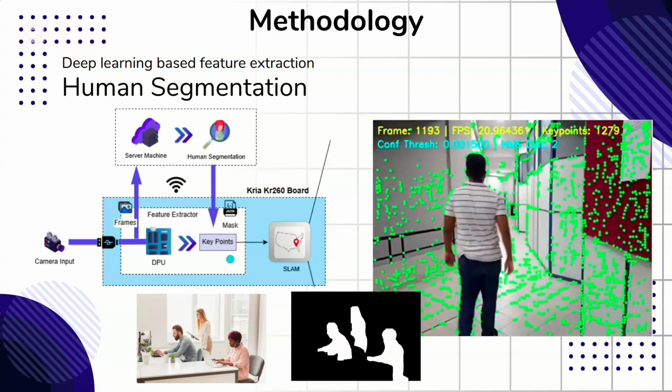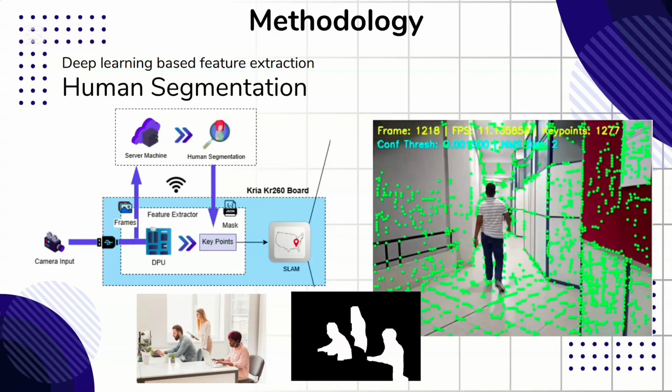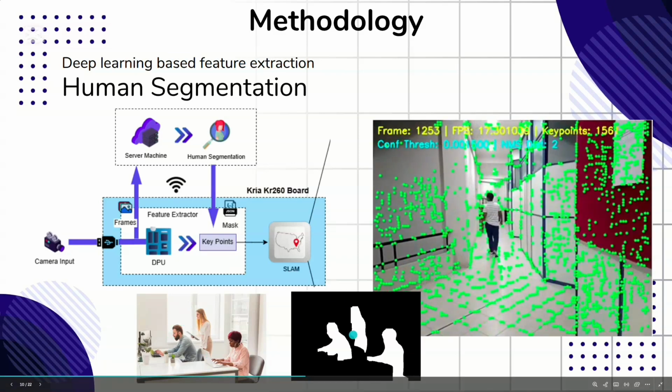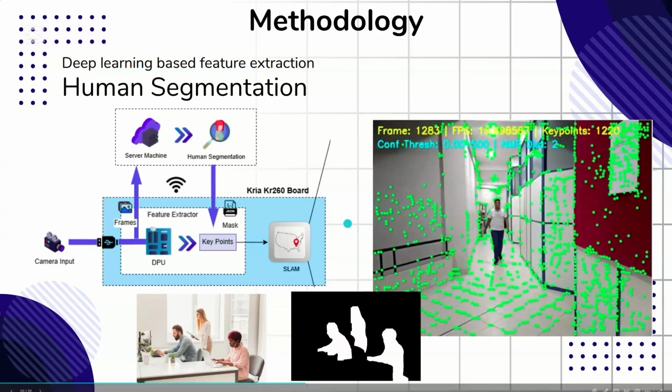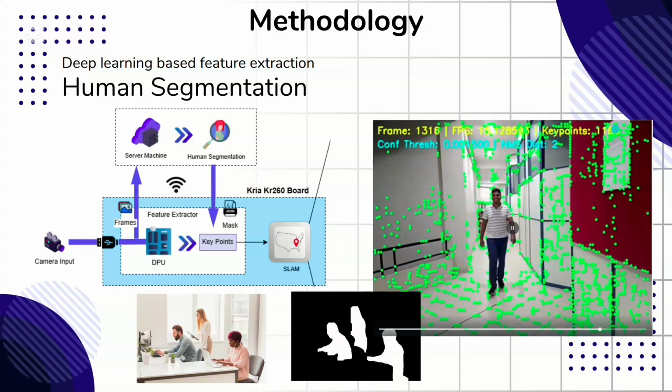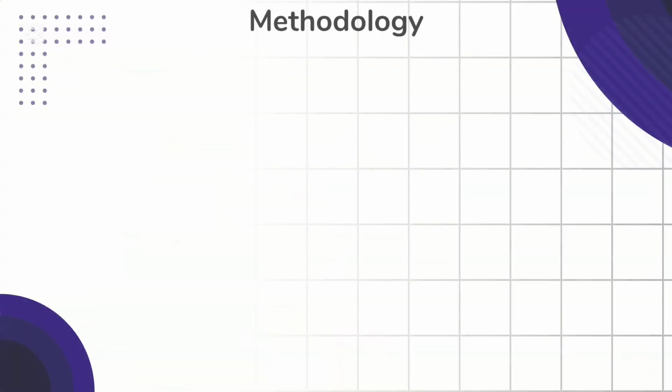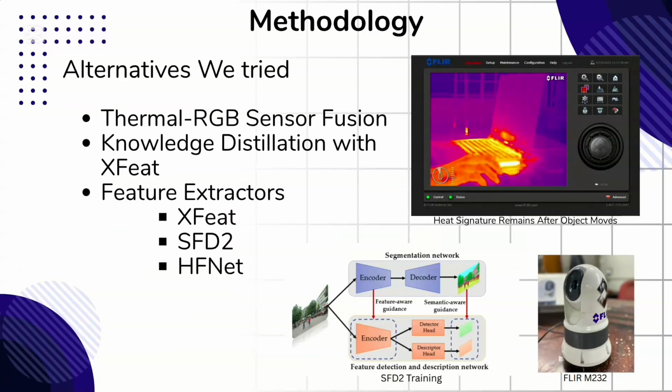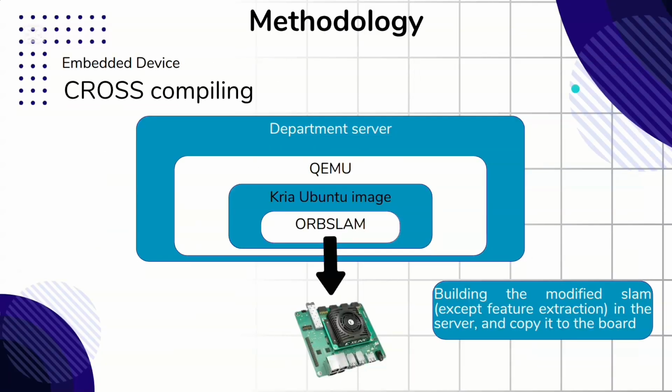Another thing we did was deploy our SLAM system on the device. This device is resource constrained. We can't actually compile this type of heavy system on this kind of low-power system, so we used a remote server to compile the SLAM software.